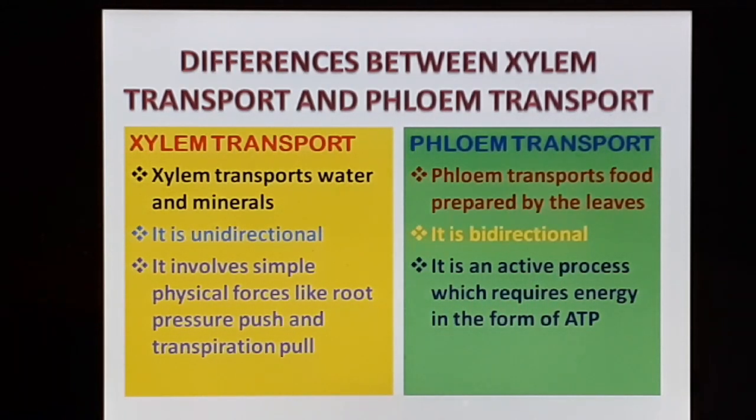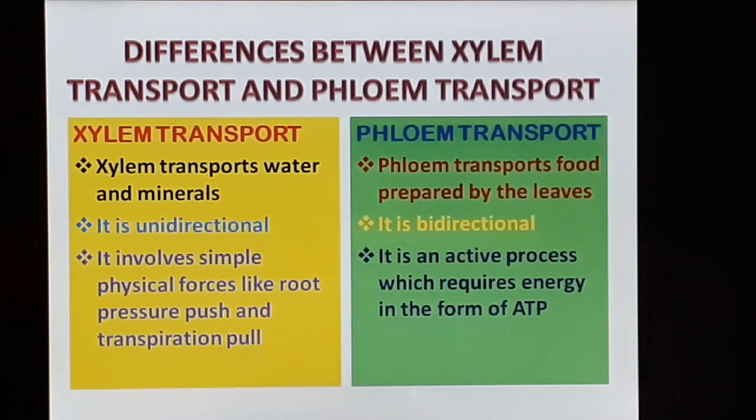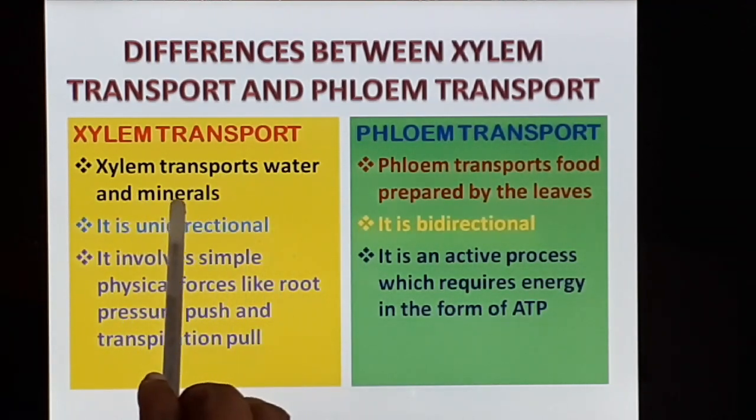Then the third difference: xylem transport involves simple physical forces like root pressure push and transpiration pull. But phloem transport is an active process which requires energy in the form of ATP. These are the differences between xylem transport and phloem transport. First point, xylem transports water and minerals.